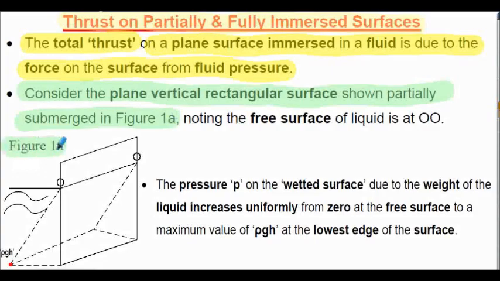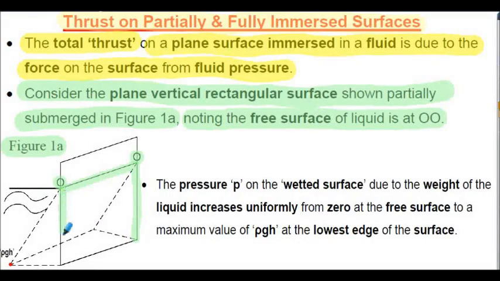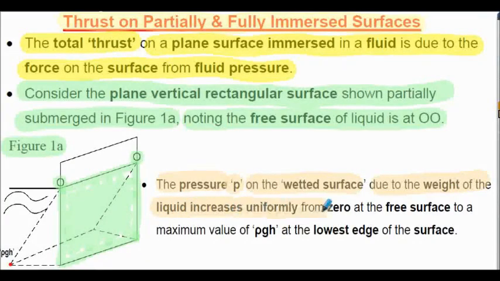Here's figure 1a. Noting the free surface of liquid is at 0, 0. Here's 0, 0. So here's the rectangular surface. It's inserted into the fluid and it's partially submerged in the fluid. The pressure, P, on the wetted surface due to the weight of the liquid increases uniformly from 0 at the free surface to a maximum value of rho GH at the lowest edge of the surface in the fluid.